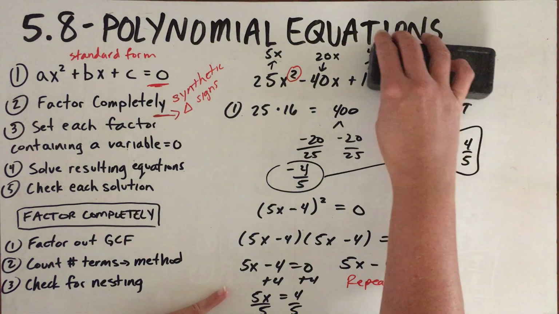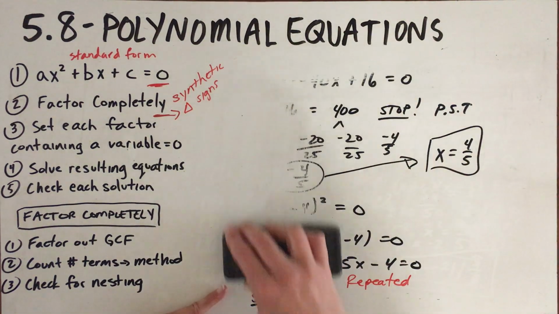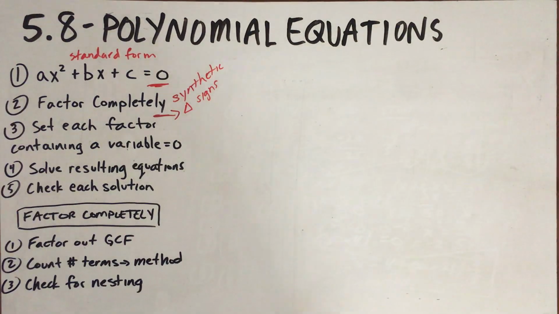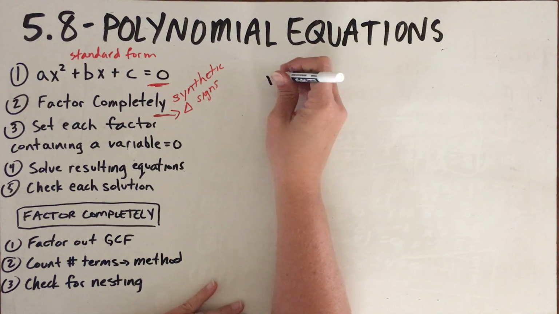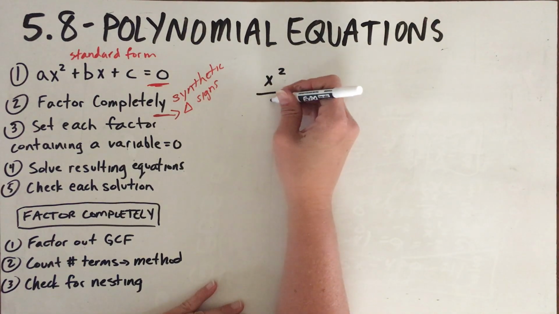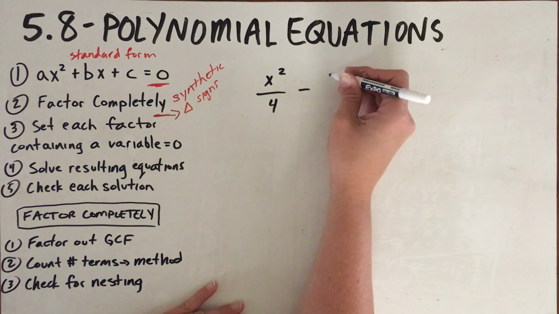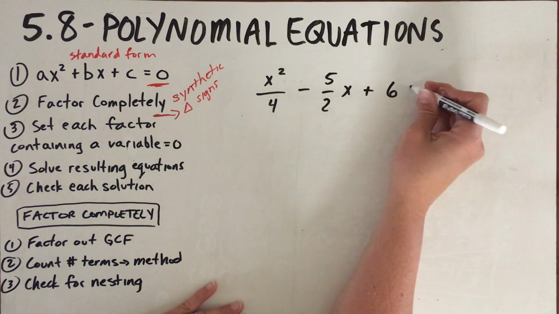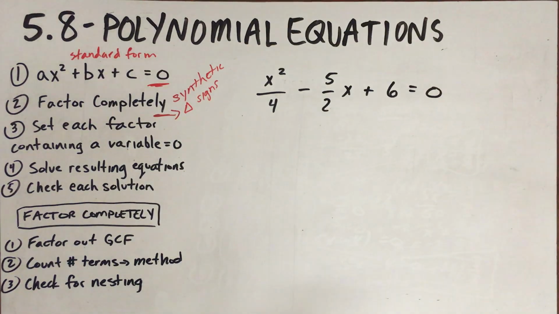Okay, let's do one where we start out with fractions and figure out what we do from there. So if I had x squared over 4 minus a 5/2 x plus 6, and that's equal to 0. Lucky for me, this is already equal to 0, so all I need to do here is get rid of the fractions.